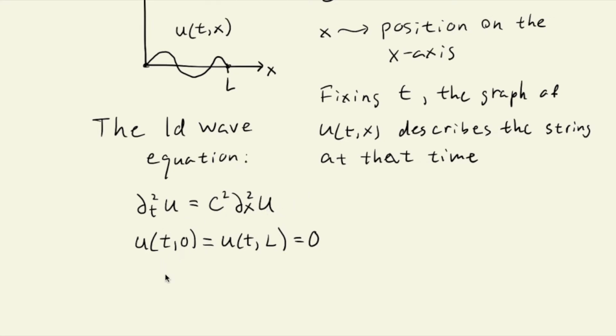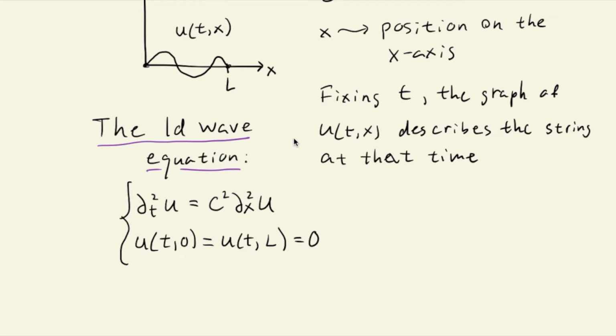I could give you an initial wave profile for the string and an initial velocity profile to solve an initial value problem. But right now we're just going to find the modes of this equation. So let's just take the partial differential equation and the boundary conditions. So that's the 1D wave equation.